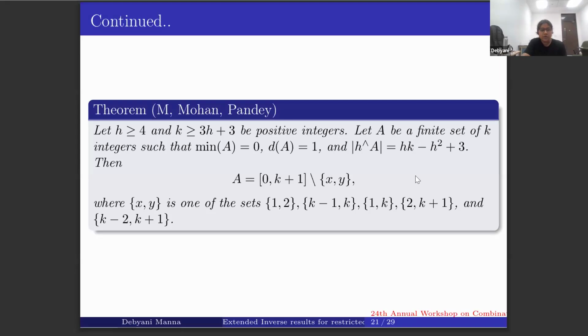And for h greater or equal to 4 and k greater or equal to 3h plus 3, when the cardinality of h cap a is equal to hk minus h square plus 3, then a will be 0 to k plus 1 minus x comma y, where x comma y is one of the sets 1, 2, k minus 1, k, or 2, k plus 1, or k minus 2 and k plus 1.